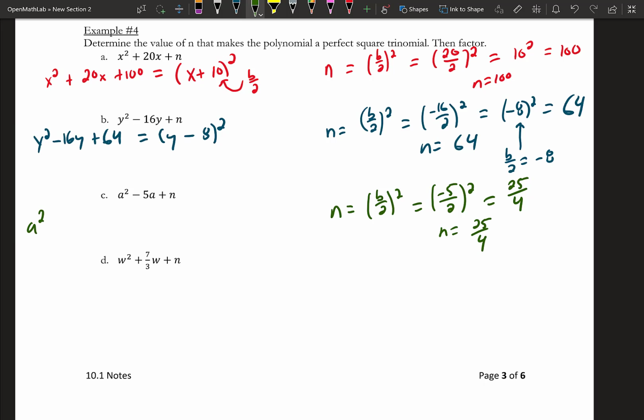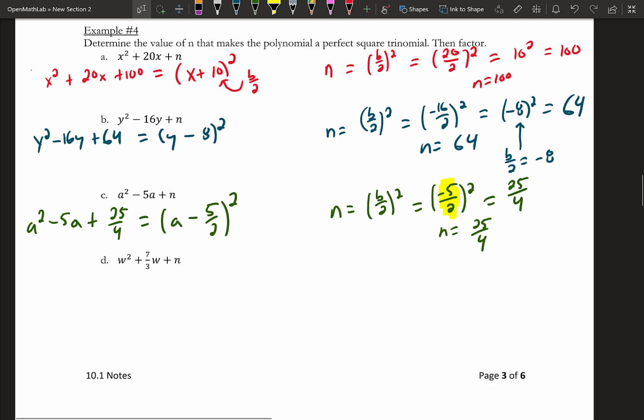If we fill that in, that would factor to be a minus 5 halves quantity squared. Because remember, we want to put this part in there, right? B divided by 2.